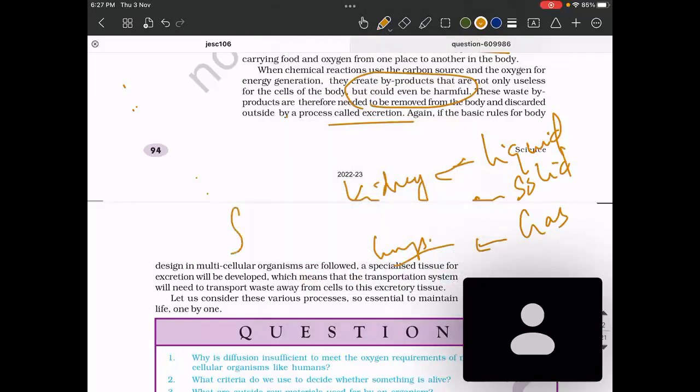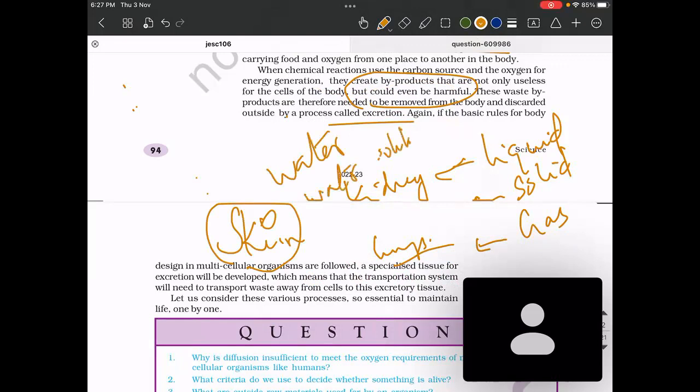Liquid waste, sir. It excretes in the form of sweat. Okay, listen. Skin excretes used water as well as water soluble wastes, and even gases.